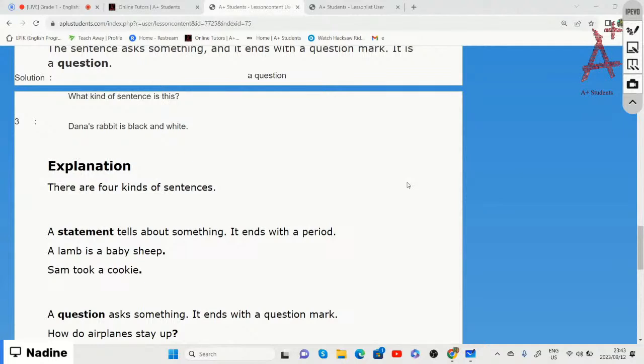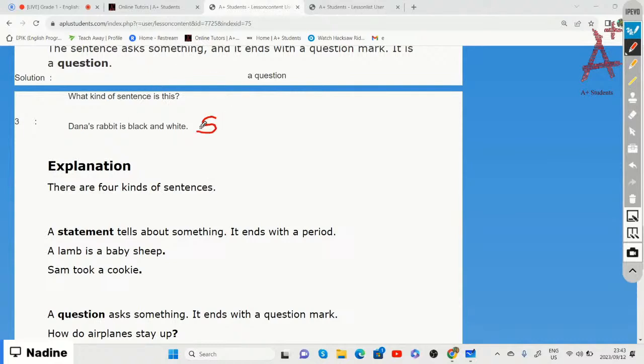It ends with a period. If we choose the kind of sentence that it is, it is just telling someone about something, which means that this is a statement.